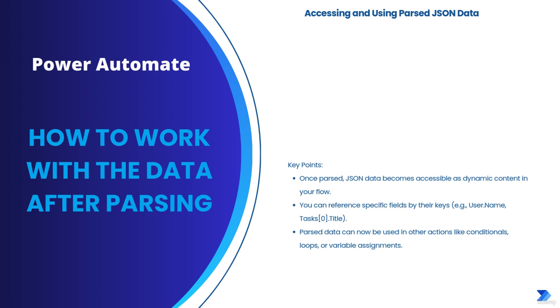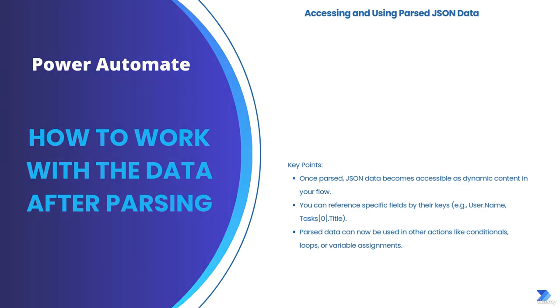Best practice: use dot notation, user.name, to reference nested values. For arrays, remember that indexing starts at 0: tasks[0].title for the first task. Make sure you fully understand the structure of the parsed JSON before using it in complex scenarios.